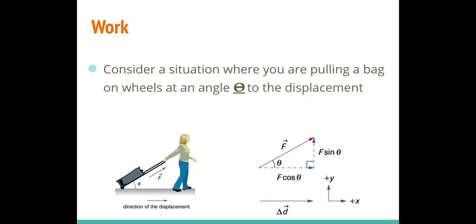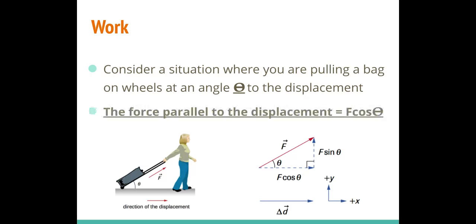Here is the angle, here is the force being applied. What kind of work is being done over the distance, on the same plane as the distance traveled on this object? Here the force is parallel to the displacement, which means the force we're looking for is the applied force multiplied by the cosine of theta, and that makes sense.